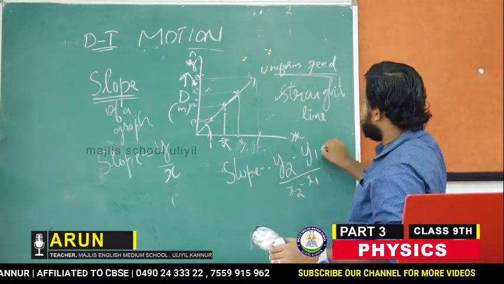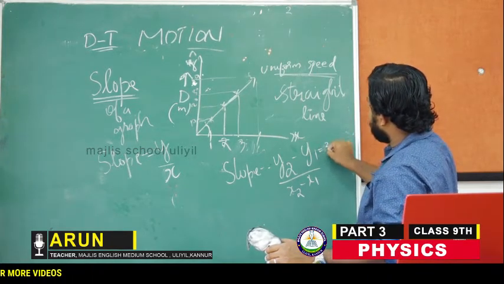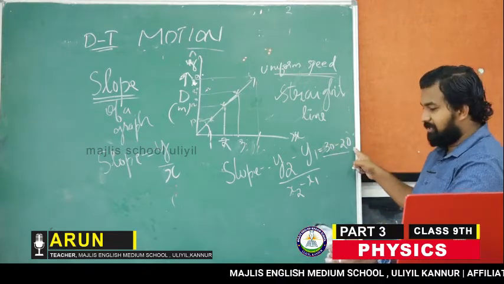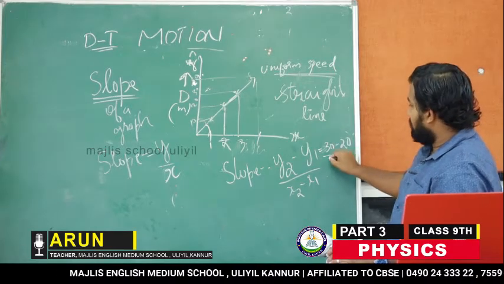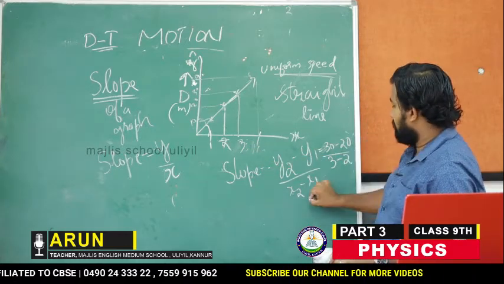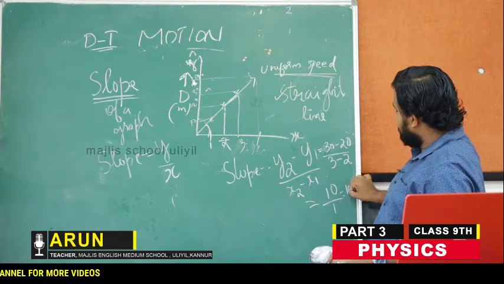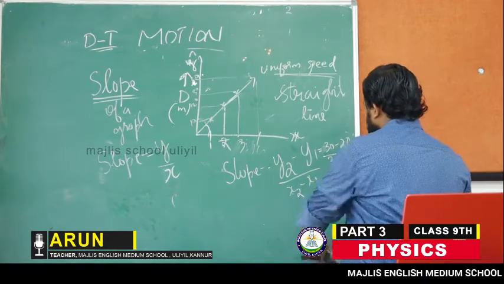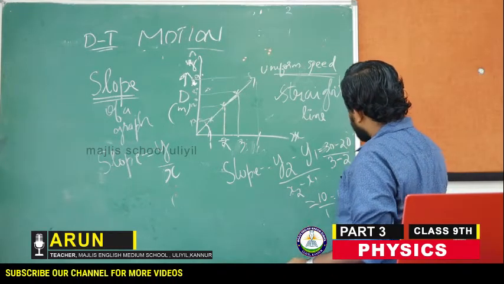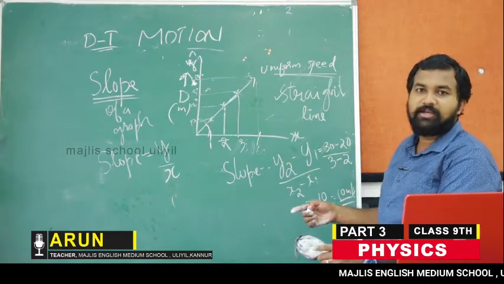So it is 30 minus 20, that is the distance, divided by time 3 seconds minus 2 seconds. 30 minus 20 is 10, divided by 3 minus 2, which is 1. So 10 by 1, that is equal to 10 meters per second, the speed with which the body is moving from time 2 seconds to 3 seconds.